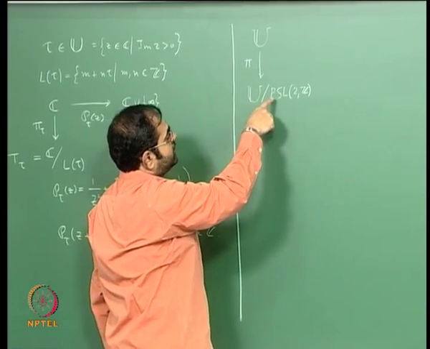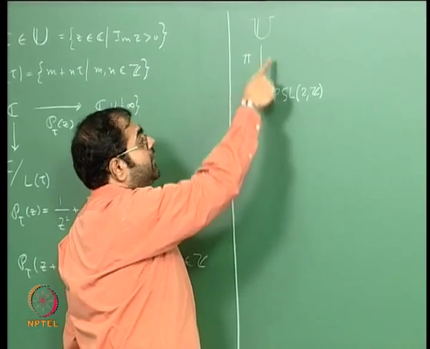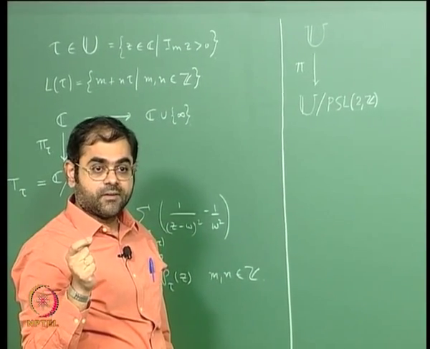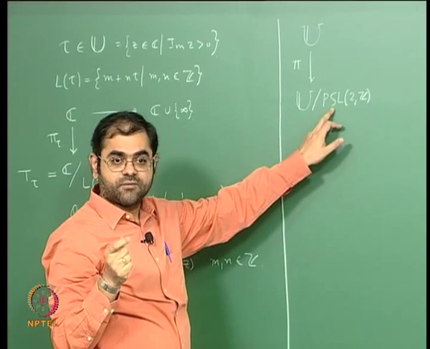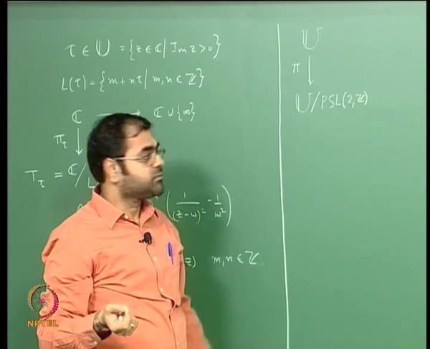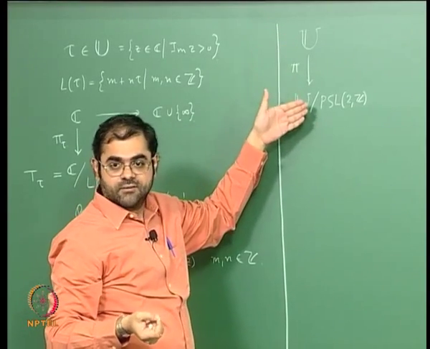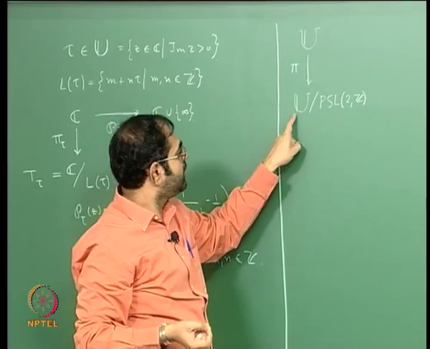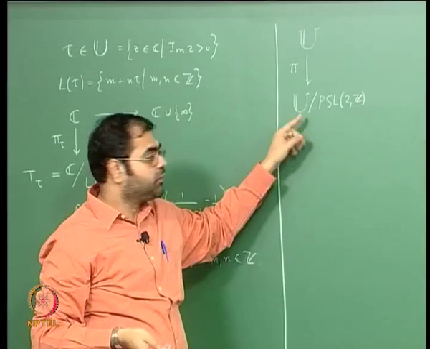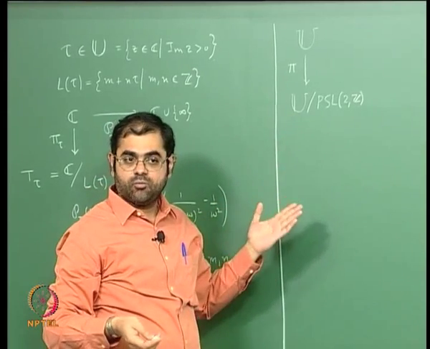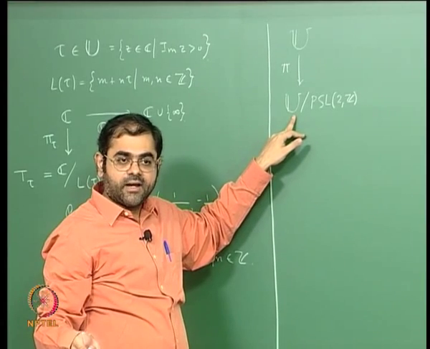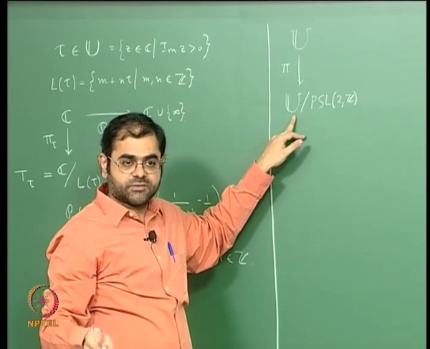We also noted that over every point where there is a non-trivial stabilizer for this group, there is a point of ramification. So this is a ramified cover. But next we wanted to show that this is isomorphic to C, so you have to construct a holomorphic function on this whose image is C, which is injective and surjective.